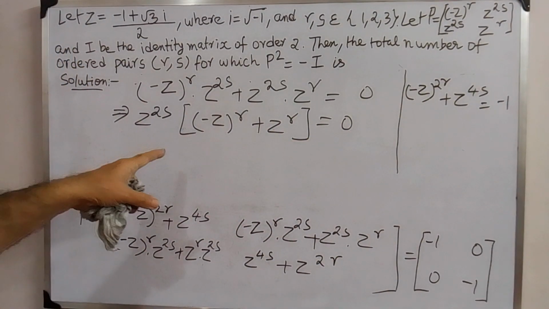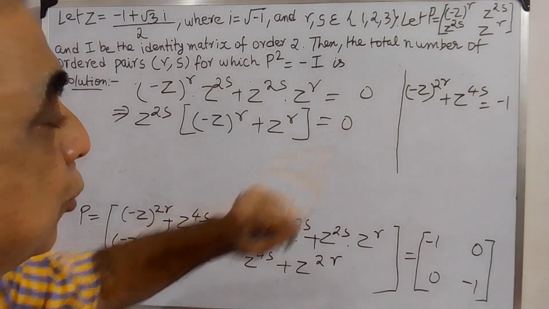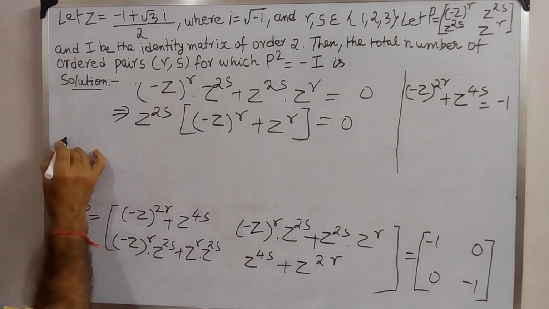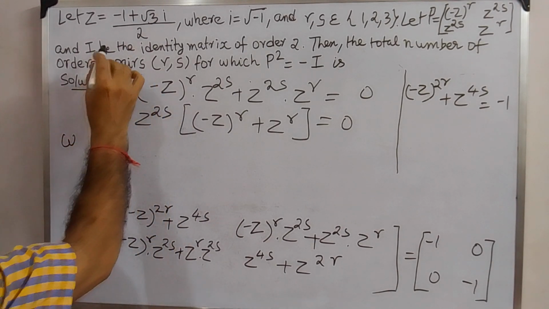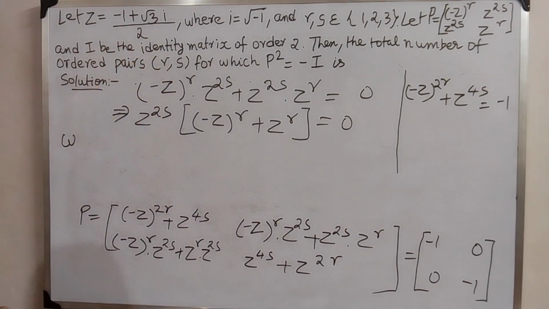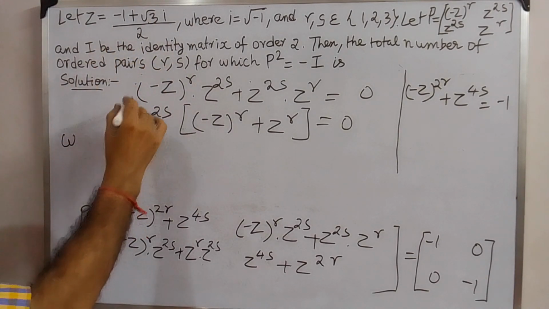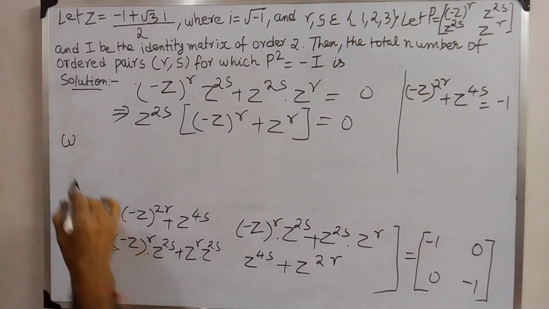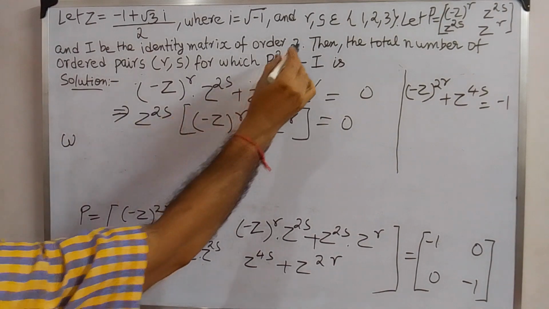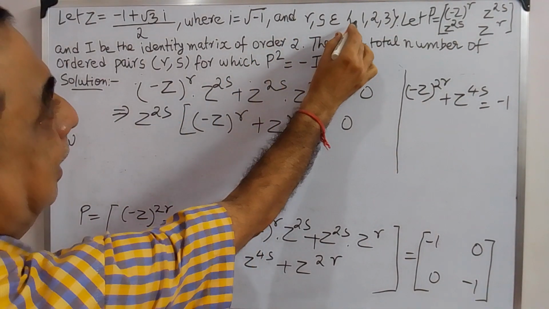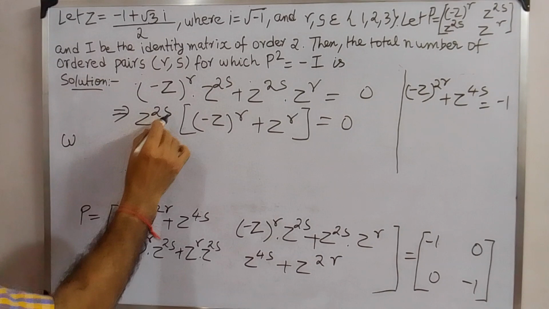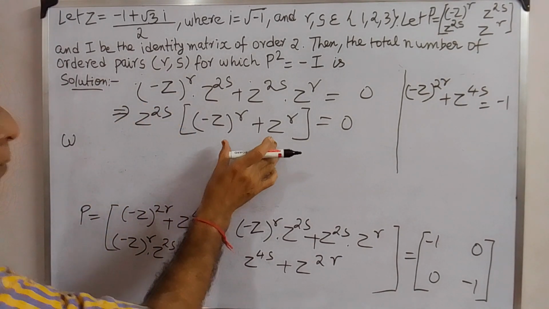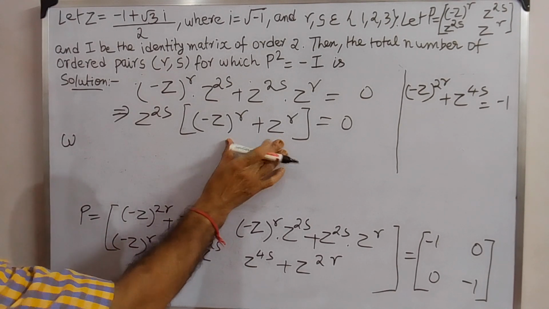Now what does it mean? z we have said is omega, and here s is 1, 2 or 3. If I put the value of s as 1, 2 or 3, z to the power 2s will never be 0.